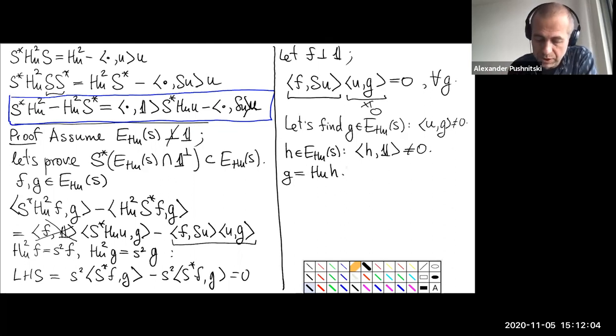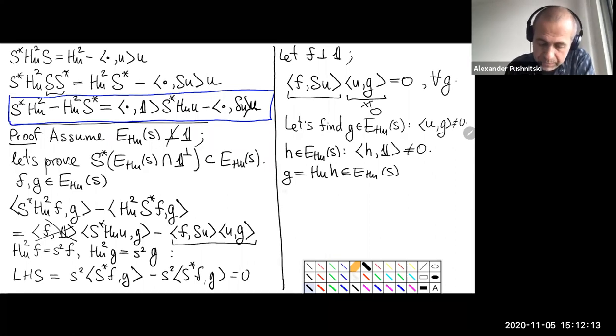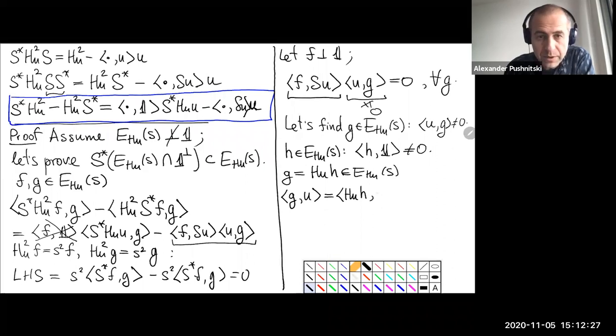And so this G will be still in the Schmidt subspace. So now let's compute the inner product, G and U.